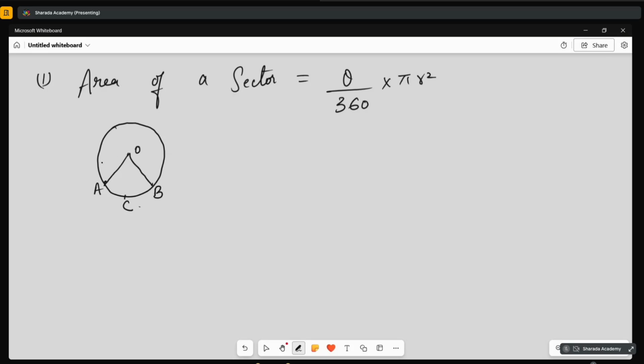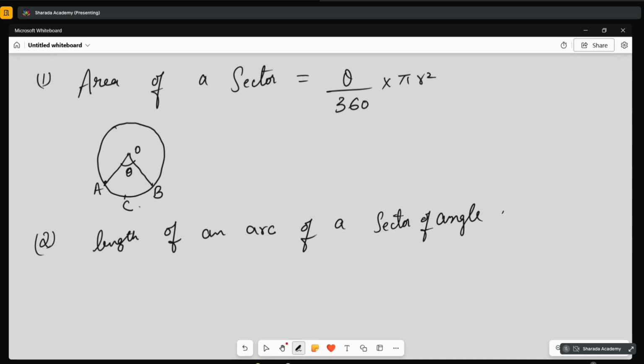Length of the arc. Write down this. Then what is it? Third one, area of the segment.